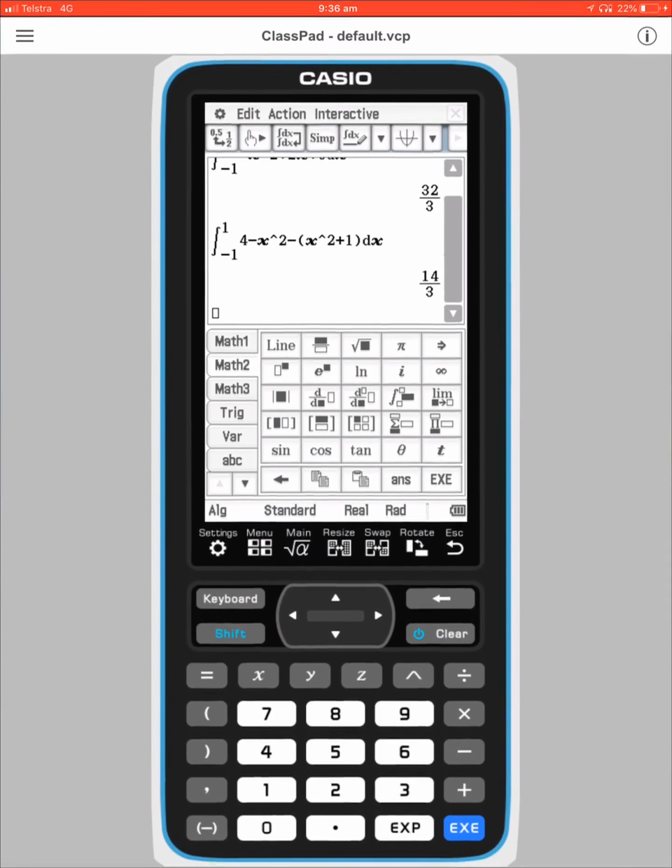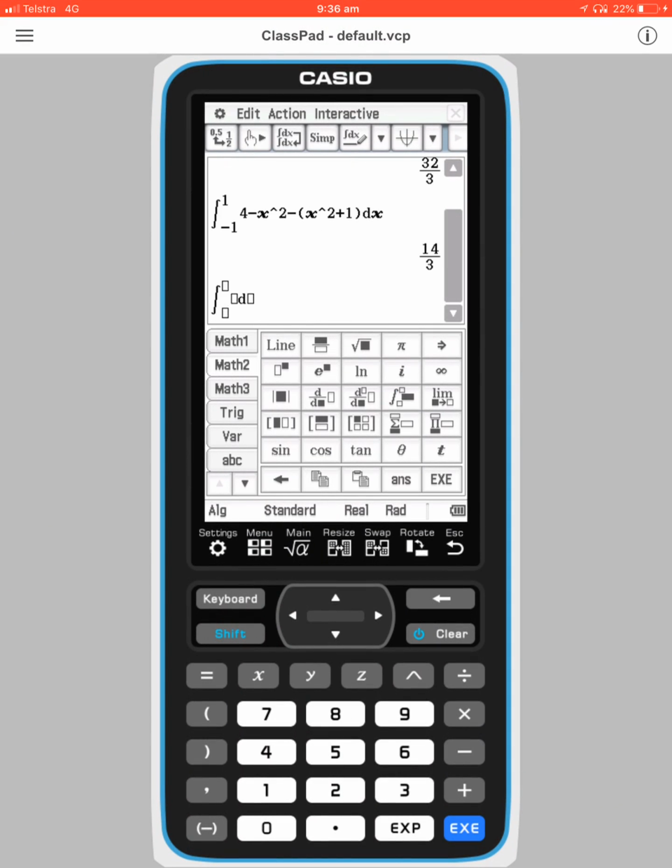Once again, we can check it. We can integrate from 0 to 1, x minus x cubed dx. That gives us a quarter. We've got to times it by 2. So 2 times my answer. I get a half.